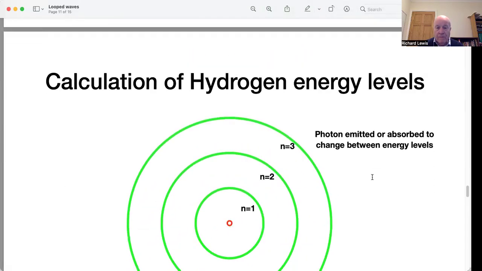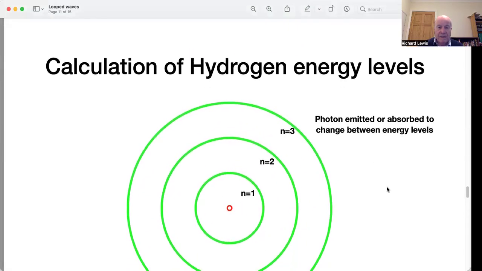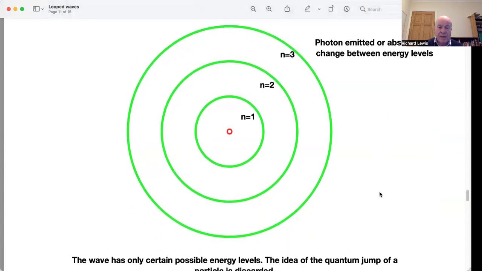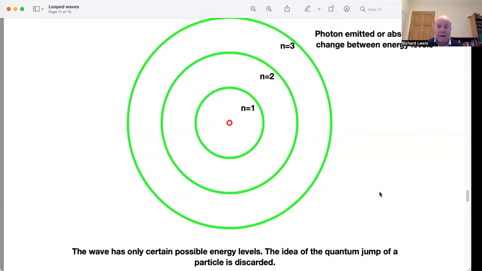And what we know, we've known for a long time, is that hydrogen has specific energy levels, and we give the energy levels a value n equals 1, 2, or 3, and we can begin to see the cause of these energy levels in the sense that the looped wave can only adopt a limited number of positions.